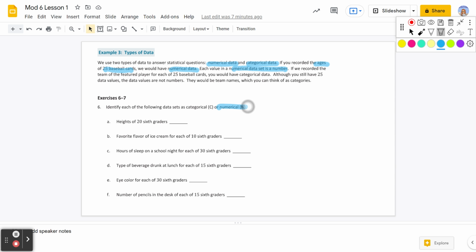So numerical is the same as number. There will be a number. If we recorded the team of the featured player, you would have categorical data. You still have 25 data values, but they are not numbers. They would be the team names, which you could think of as categories. Okay, so categorical, you want to think of categories.